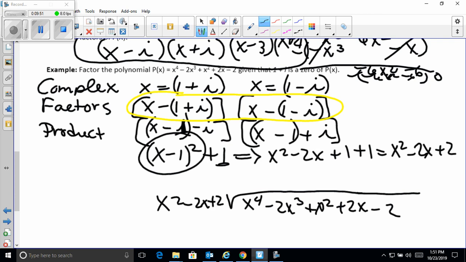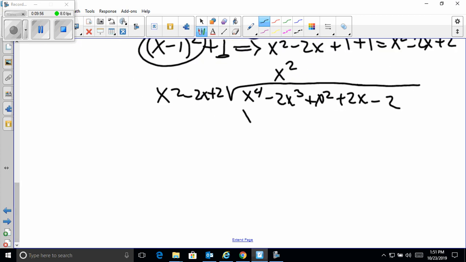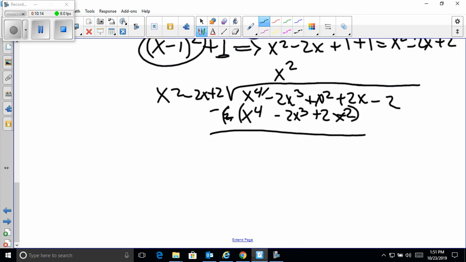So x to the 4th divided by x squared is x squared. x to the 4th minus 2x to the third plus 2x squared. So then I'm going to subtract the whole thing. That cancels, and I'm left with a negative 1x squared. Now because I'm dividing by two things, I need to bring these two things down.